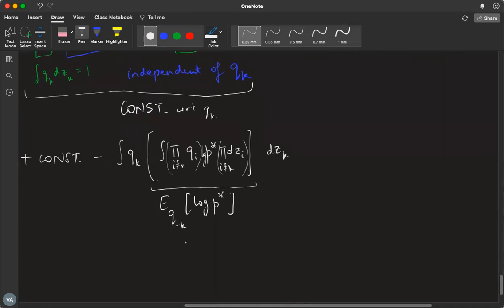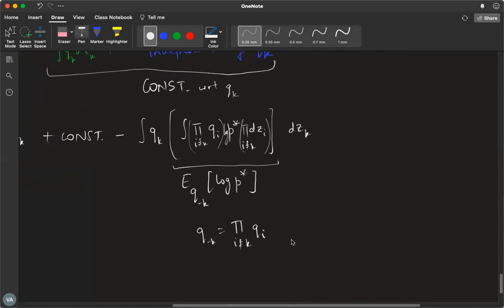Q of minus k is basically the product over i not equal to k of qi, right? Or simply qi is sufficient because we have already defined that notation in this way.